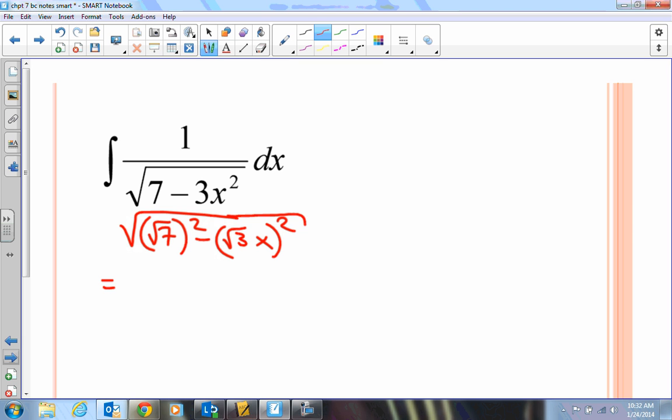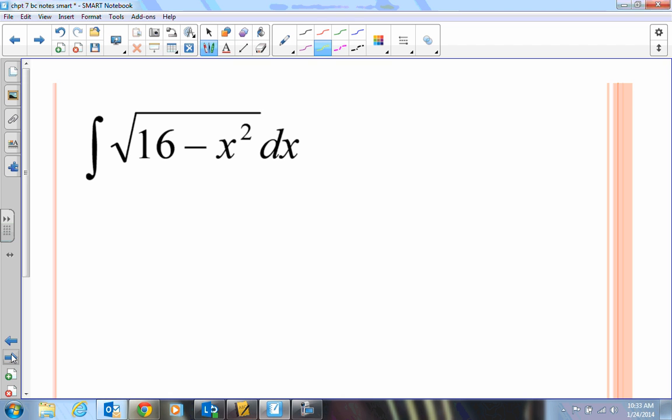Is this x now? Okay. It is now radical 3x. Don't always think it's just x. It's your u. Okay? So I just wanted to make a note of that. And then I think you guys will be fine.